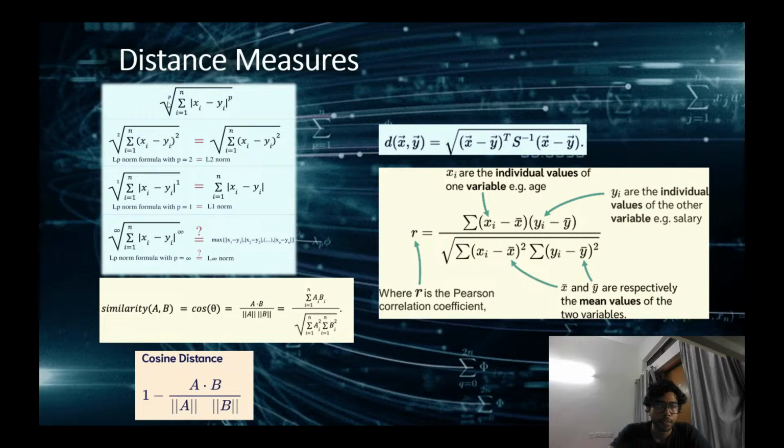If the value of p is 2, that is just the L2 norm, the Euclidean distance. Similarly, the L1 norm would be if the p value is 1. And the L infinity norm is basically the maximum of all the x1 minus y1, x2 minus y2, and so on. So let me do one example of how to calculate the distance.